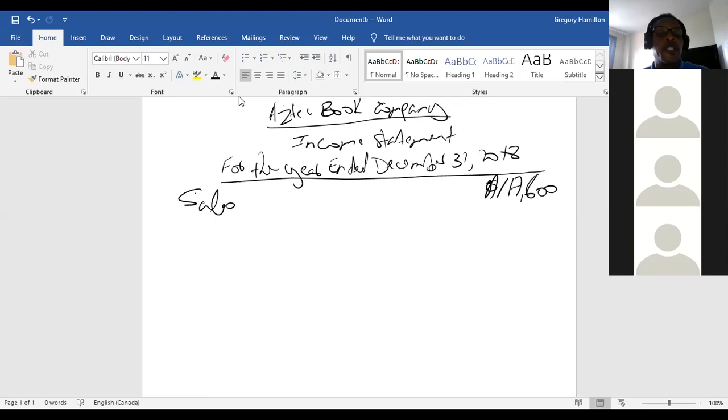And then what's next? What usually comes next in our income statement? So usually we're going to take from sales the cost of goods sold, right? In this case, we know that the cost of goods sold would be 28,200.